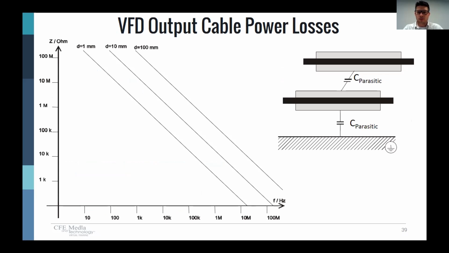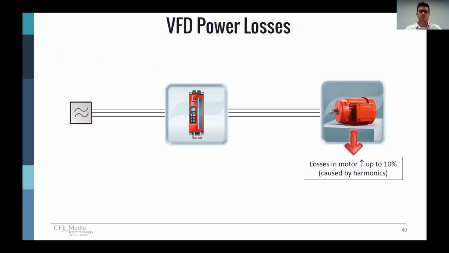You can see in this picture that the rubber sheathing around the cable acts like the dielectric of a capacitor. So in between your power cables, it acts like a capacitor, and in between the power cables and the ground, that also acts like a capacitor. So you can have some of these losses there. More importantly though, you need to pay attention to that because it has some electromagnetic compatibility issues and might interfere with some of the other components you have in your plant. But it could also add some power loss to the system.